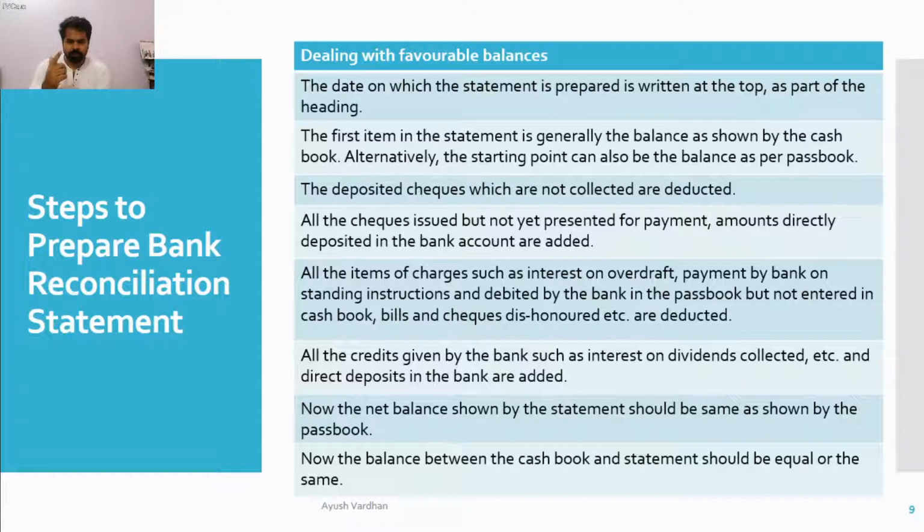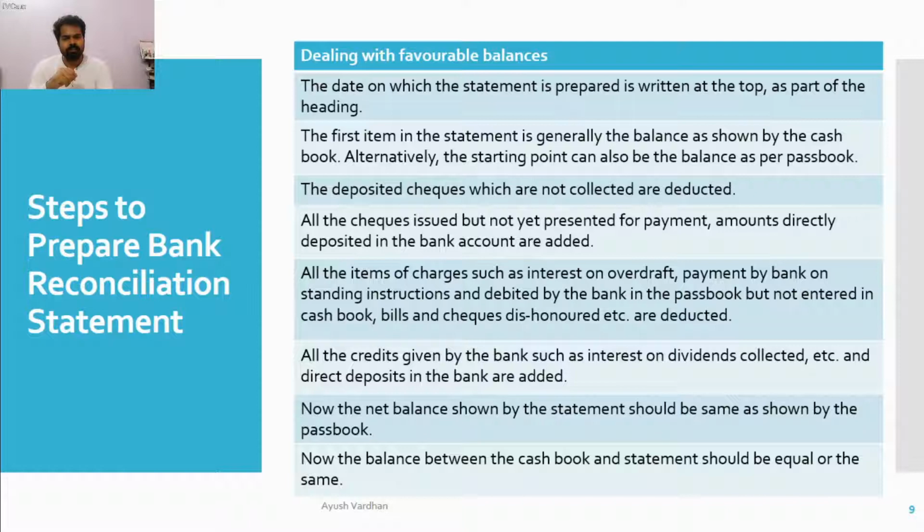Another could be dividends, if you have some shares and the dividends related to that are being paid to you. That comes on the positive side. Okay. So on this basis, we match the BRC statement with the cash book total and passbook total, and these two will match exactly in the case of no error.